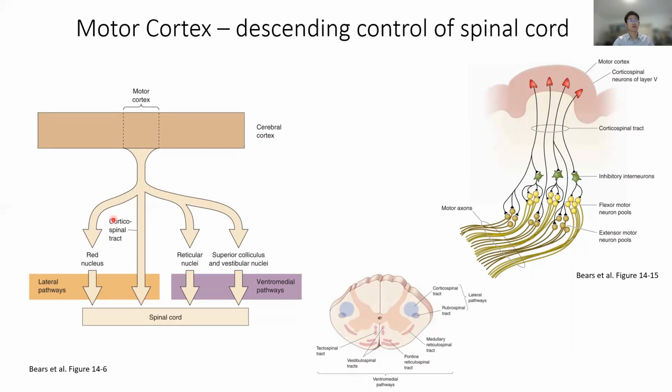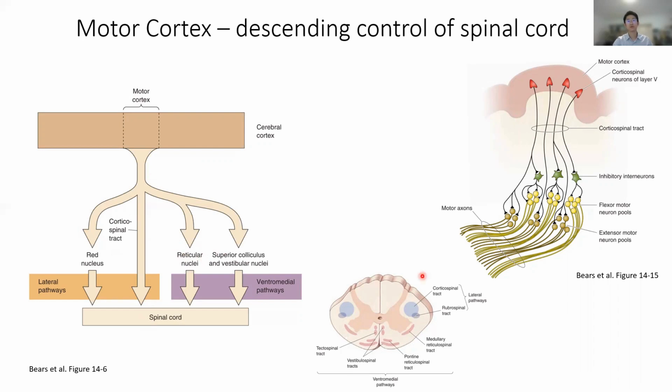This is called the corticospinal tract. This is the most direct way for motor cortex to control the spinal cord motor neurons. There are also many other descending pathways through the red nucleus or reticular formation and so on, but we are not talking about that today.